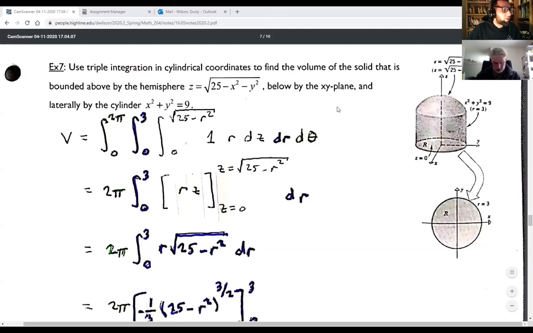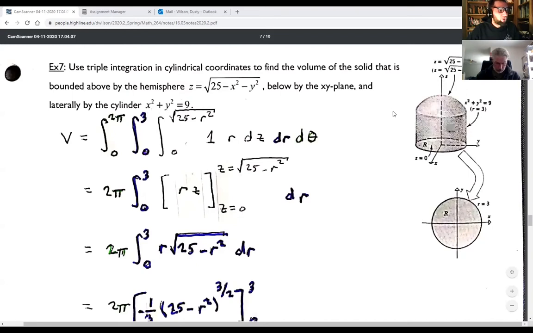And so in this first example, I give you the picture. I want to use triple integration in cylindrical coordinates to find the volume of the solid that is bounded above by the hemisphere z equals root 25 minus x squared minus y squared, bounded below by the xy plane, and laterally by the cylinder x squared plus y squared equals 9.